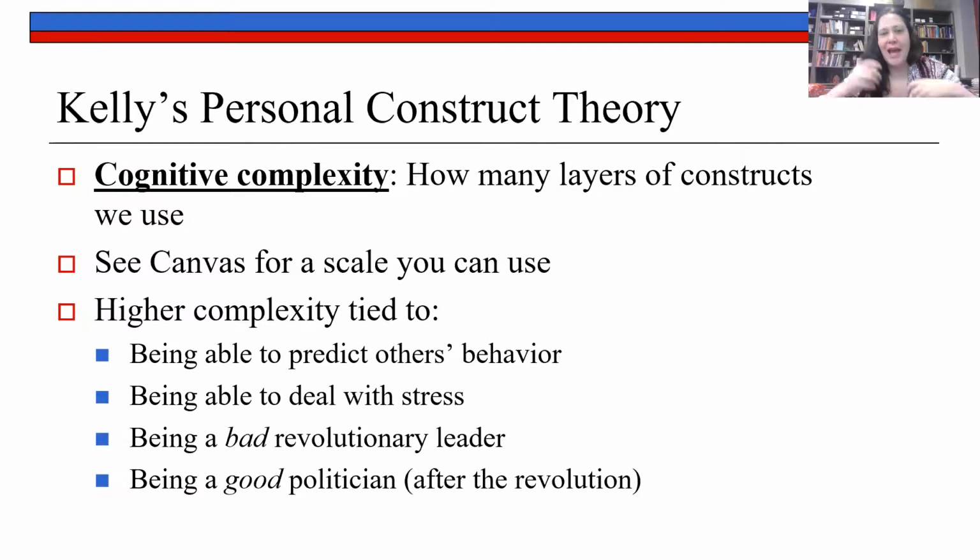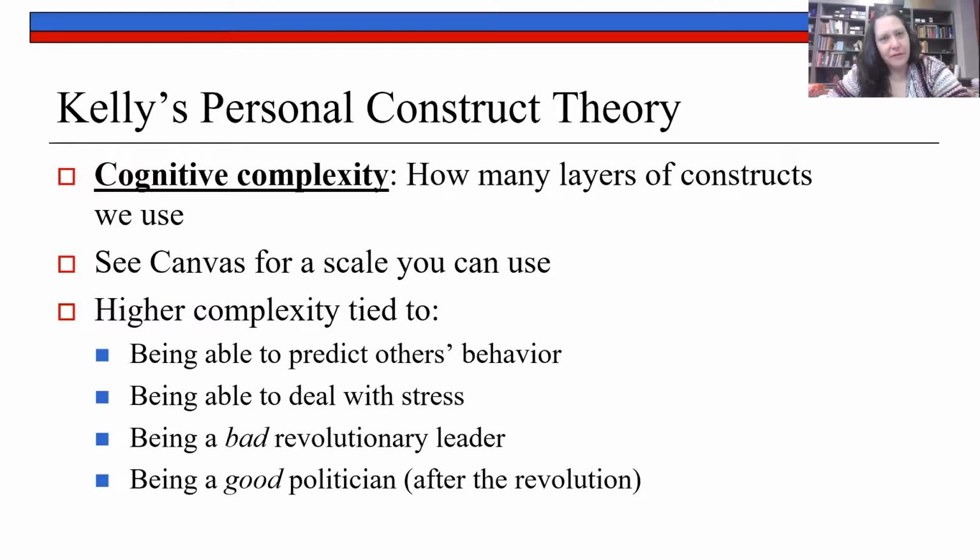So this is basically how detailed do you like to be when you are making sense of the world? Do you like to just kind of slap a label on things and call it good? Or do you like to really analyze what's going on and have this multiple layered understanding of other people?